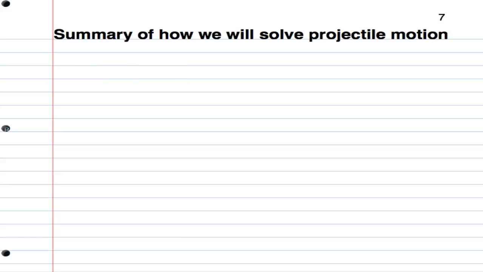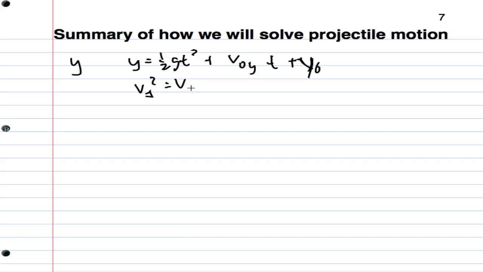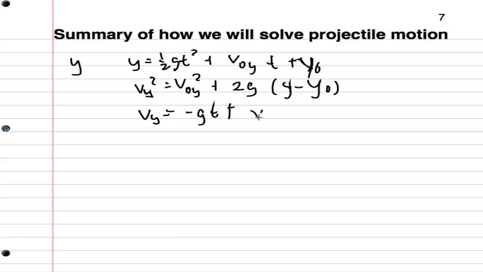So the first way is you will use the equation in the y direction, y equals 1/2 g t squared plus v naught y t plus y naught. And then you'll use v y squared equals v naught y squared plus 2g times y minus y naught. And v y equals negative g t plus v naught y in the y direction.